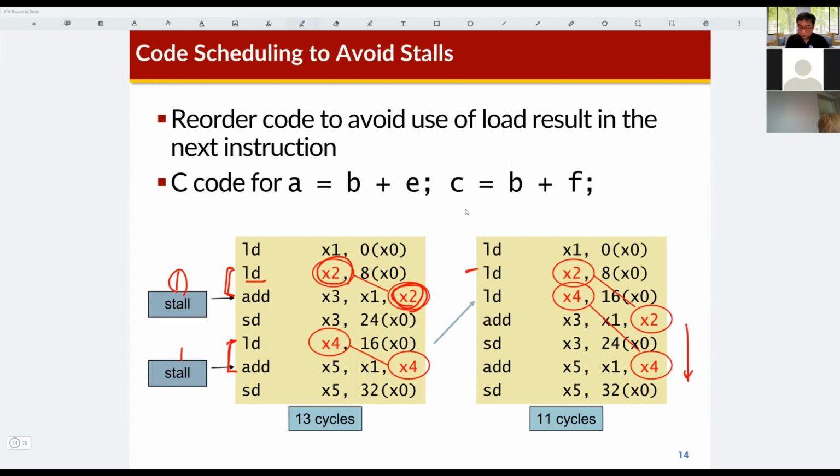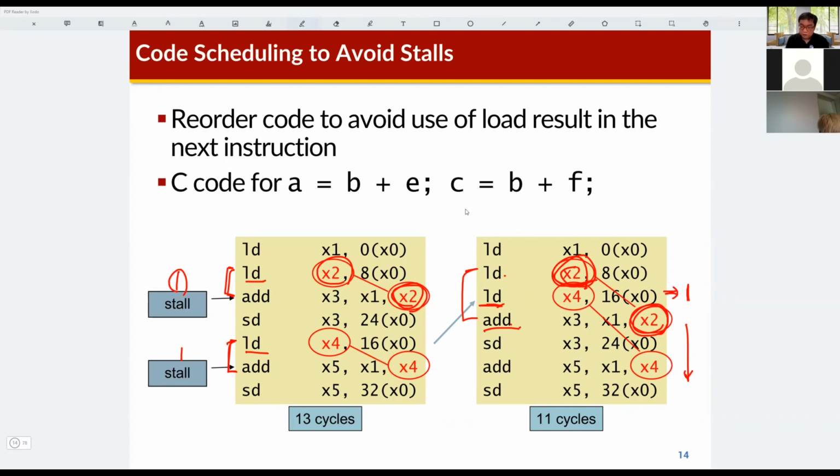So how about this load and add instruction pair, like here and here? We can insert this load instruction between this load and add instruction. This load instruction will consume 1 clock, but this add instruction will be executed after this load instruction.